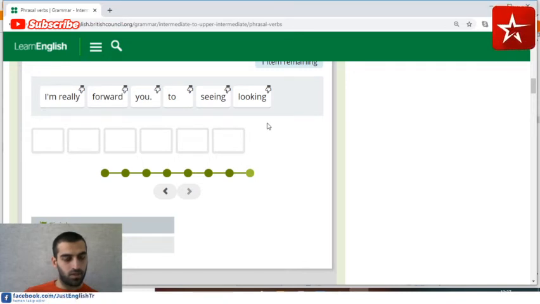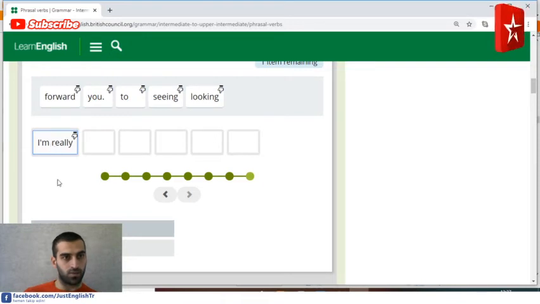If you are sure about these words, how can we use them in the correct order? Okay, Mr. Merve says I am really should come first. Okay, let's choose it for the first gap.